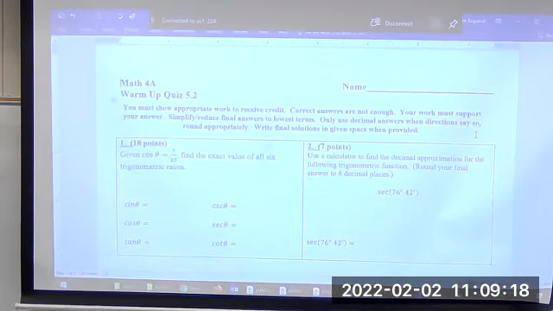And I'll be saying this to a lot of people: exact value means no decimals.